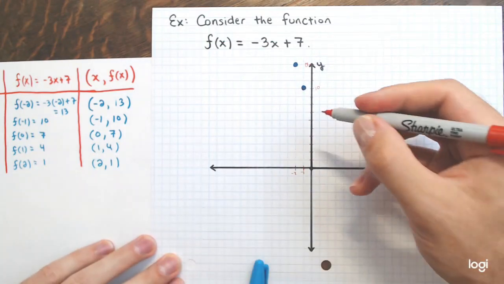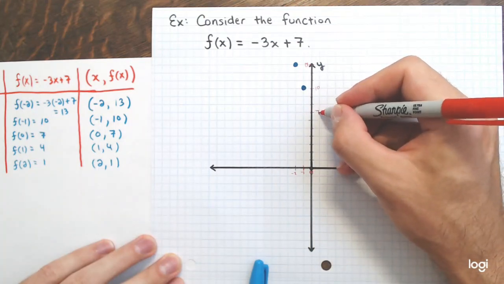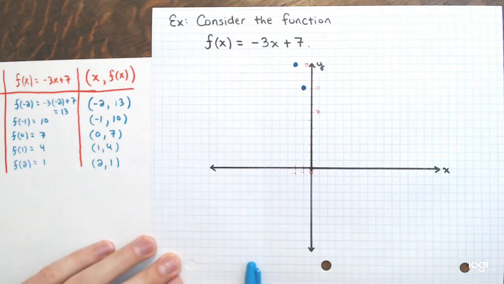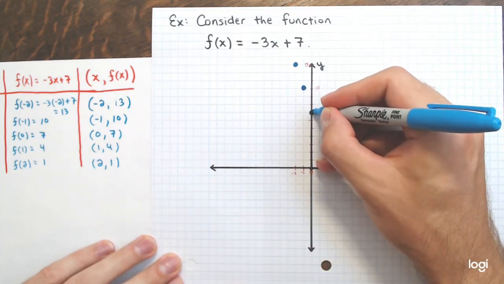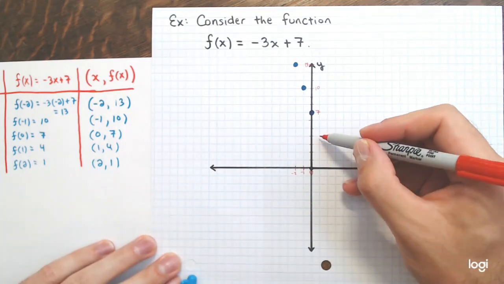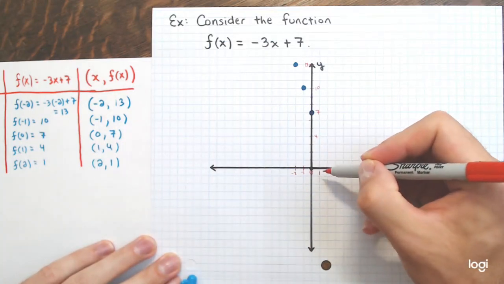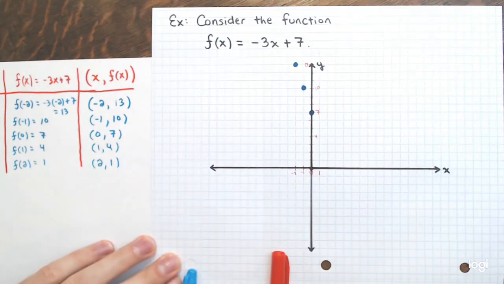Then 0 on the x, 7 on the y. This is one of those y-intercepts, right? It's a point on the y-axis. It has an x-coordinate of 0. And then 1 on the x, 4 on the y, that's this location.